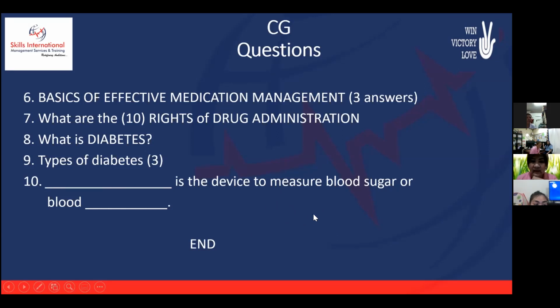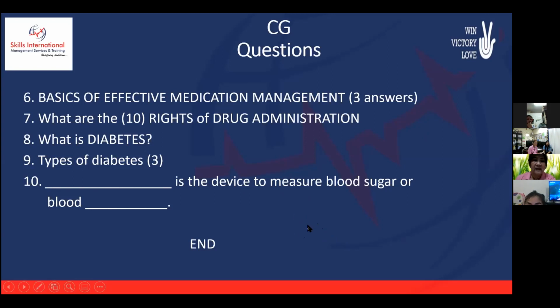Glucometer and blood sugar measure for the blood or glucose. So what about Jennifer? Glucometer po din, glucose. Glucometer and glucose.